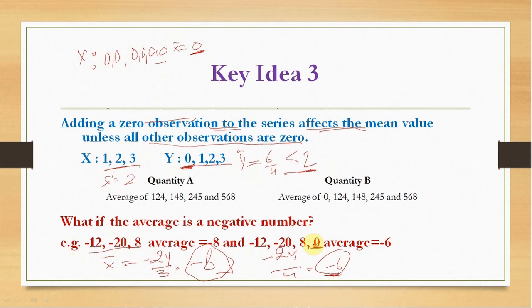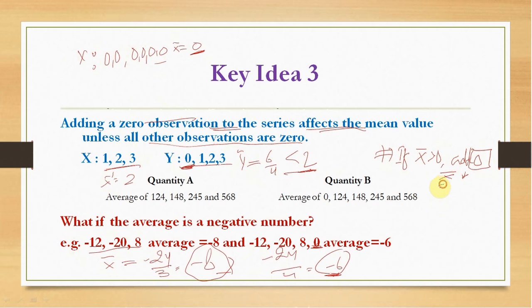So now we can make an idea in our mind. That idea is if x bar is positive and you add an observation 0, then the value of x bar will be reduced.